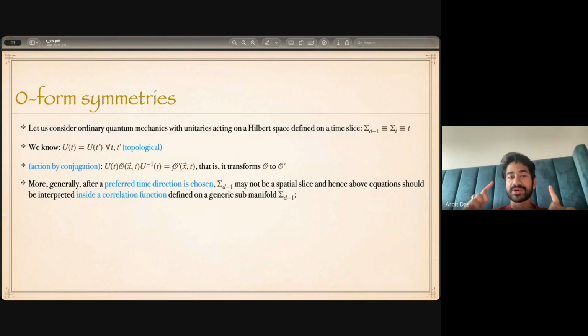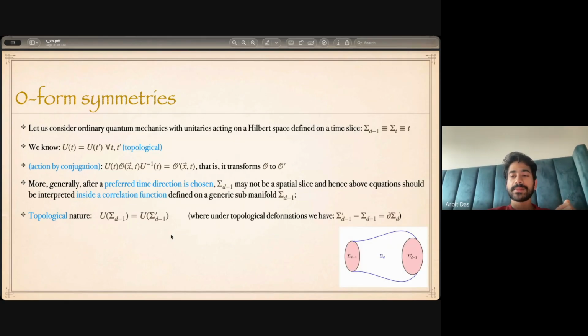Okay, so it's kind of an operator equation which is true wherever you put it inside some correlator. Okay. So in that sense, the topological nature will just be U of sigma_{d-1} the same as U of sigma prime_{d-1}. And if you are lucky and find a time slice, then this is like U_t is U_t prime.